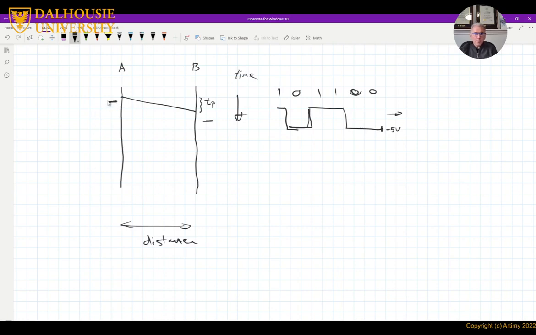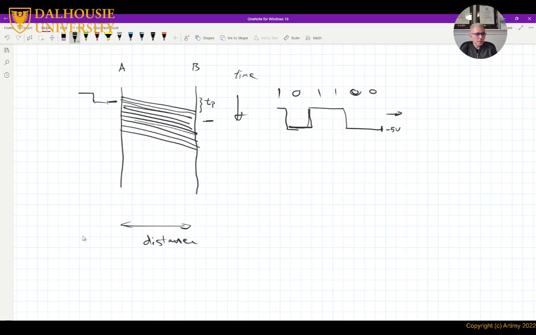So how about the second bit? After a while, we start sending the second bit, and then after a while, we start sending the third bit, and so on. Each bit will travel at the same speed, and it will take the same propagation time to arrive at the other side.